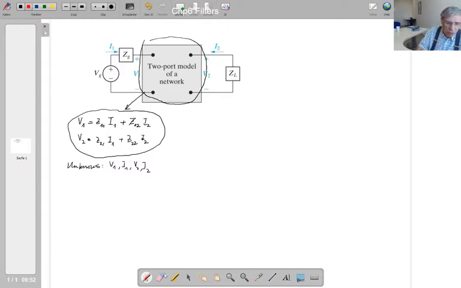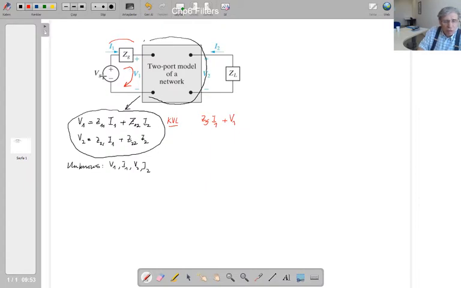Considering this loop, Zg times I1 gives me that voltage, plus V1, minus Vg.